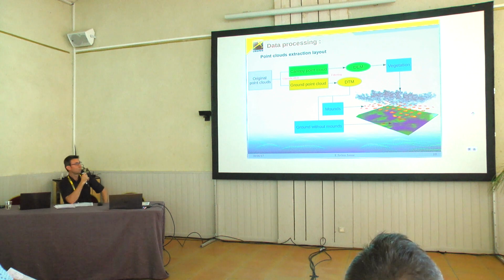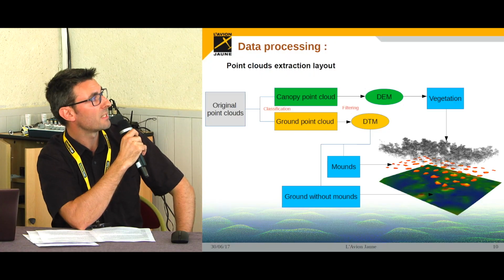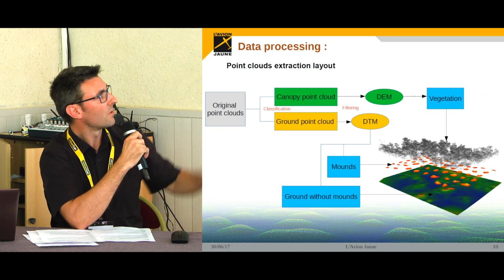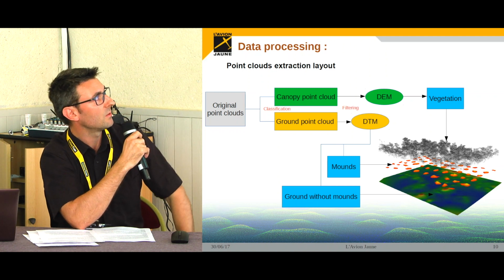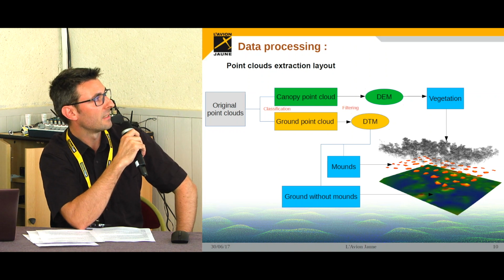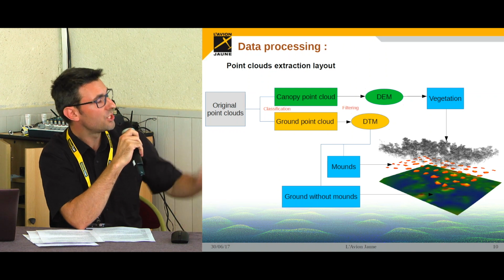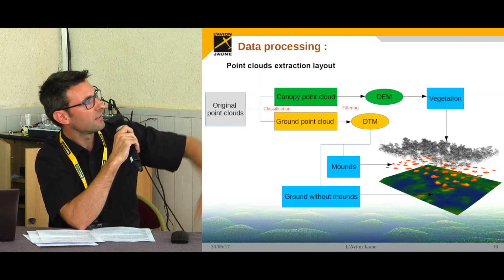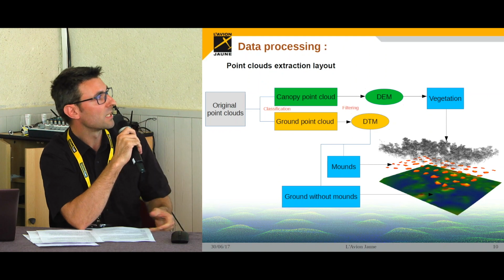So this is to illustrate all the data I'm creating and using through this process. From the original point clouds, I get the canopy point cloud and the ground point cloud from the classification after I'm filtering, and I get the digital terrain model and the digital elevation model, and then I can get all those results you can see.